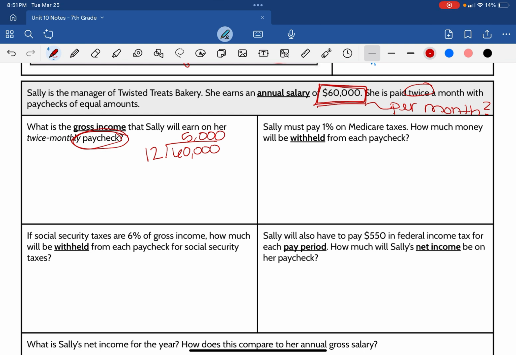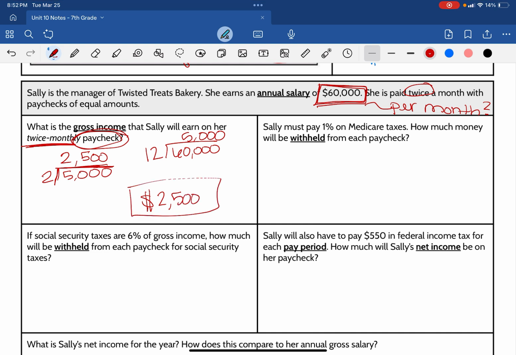So this is how much she's making for the entire month, but she's getting paid twice a month, so this number needs to be divided in half. Well, I know a lot of you already know this, but that is going to come out to $2,500. Okay, so her gross income for her twice monthly paycheck is $2,500. Okay, so that's the gross income.